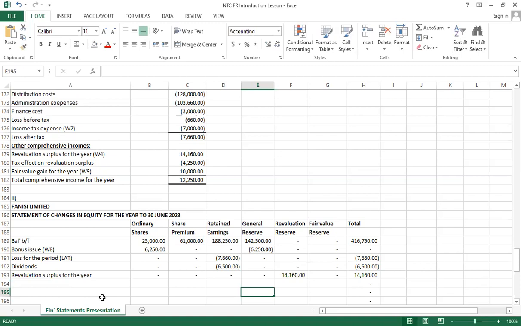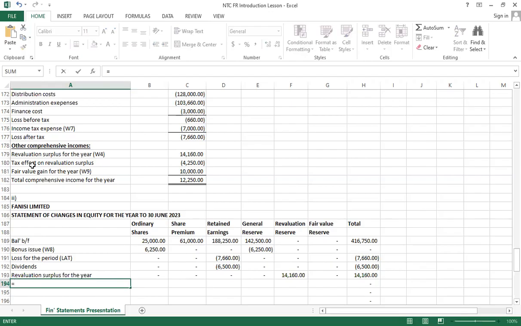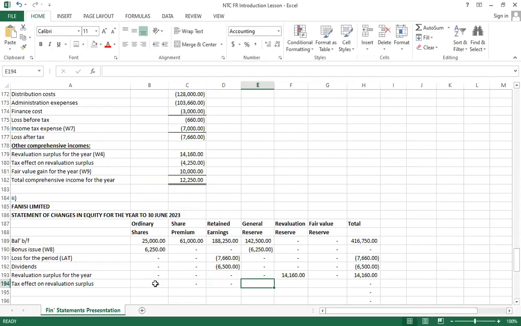But we've already seen that this revaluation surplus had some tax effect on it, so you introduce the tax effect. So nil for the first one, nil for the second one, nil for the third, nil for the fourth. Under the revaluation reserve, we have the tax effect of negative 4250. Remember to decrease the revaluation reserve by the tax effect.